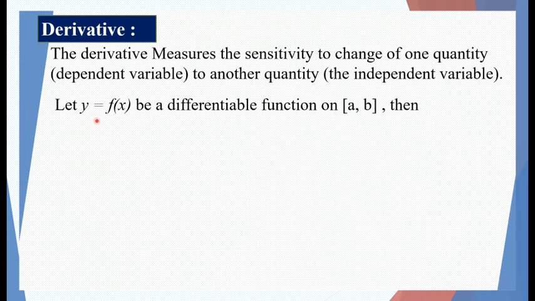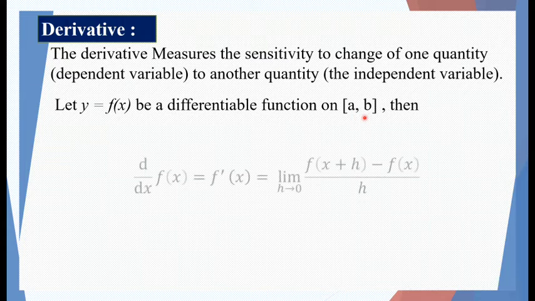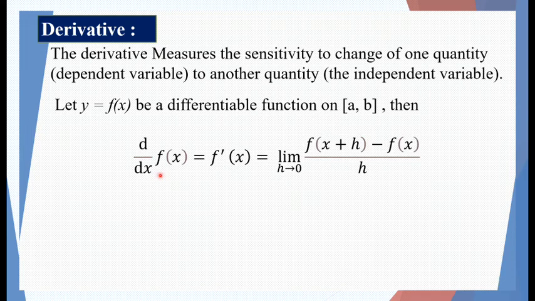If we have y equals f(x), a differentiable function in an interval (a, b), then d over dx of f(x) is equal to f dash x, or it is equal to the limit as h tends to 0 of (f(x plus h) minus f(x)) upon h.